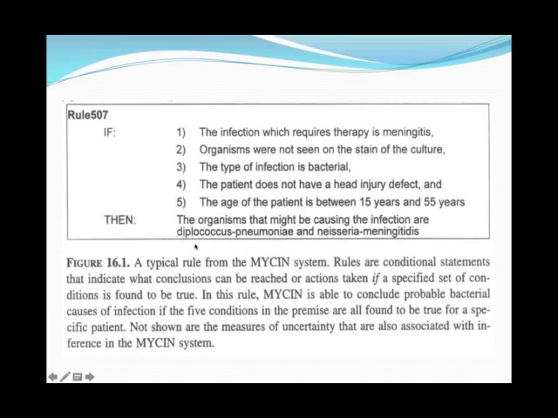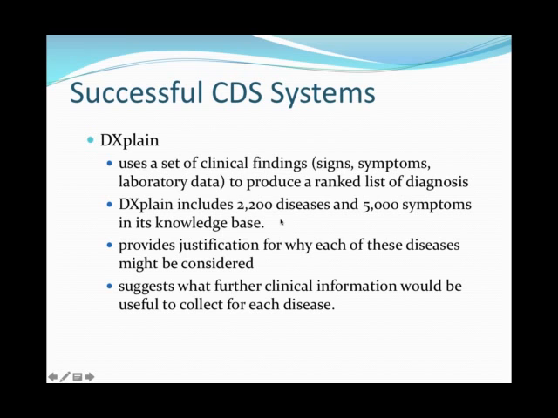Obviously it took a long time for someone to input that, but all the doctor needs to do is answer some of these basic questions, and if they are true or false, it will give a certain result.